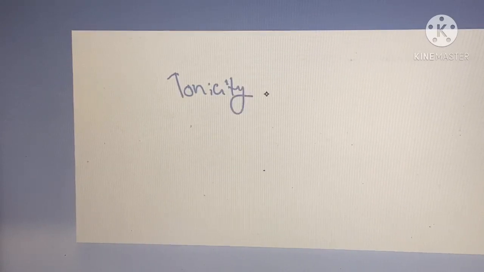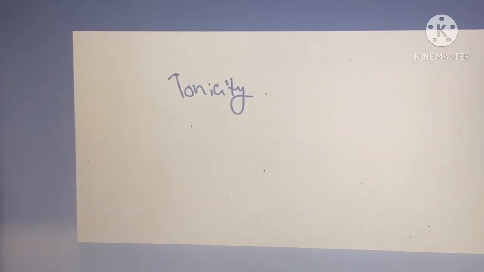Okay. Next, what is actually tonicity? Tonicity is the ability of a solute to give osmotic pressure, something like the solute creating a driving force for the water to move across the semi-permeable membrane.